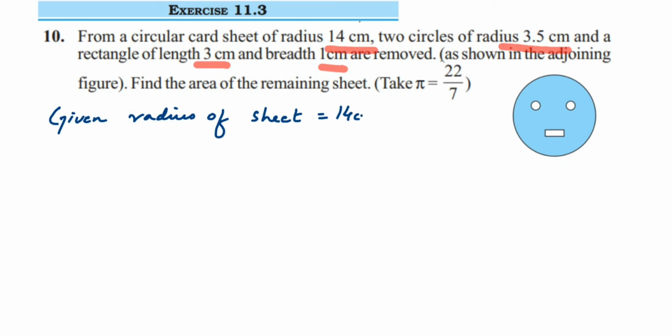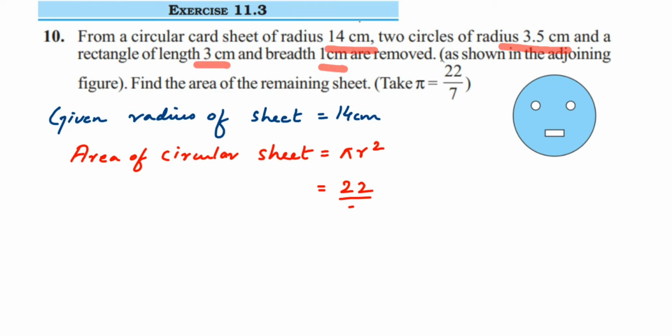Now first we're going to find out the area of this big circle. So area of circular sheet is equal to, we know that area is pi r square. Let's substitute there. So pi value is 22 by 7 and the r value they have given is 14.